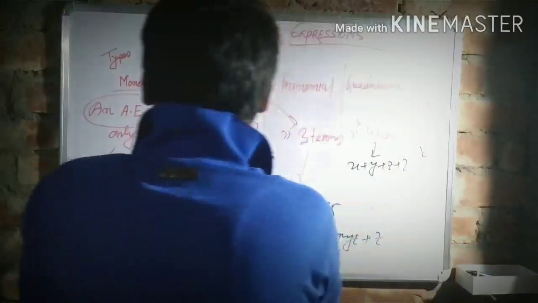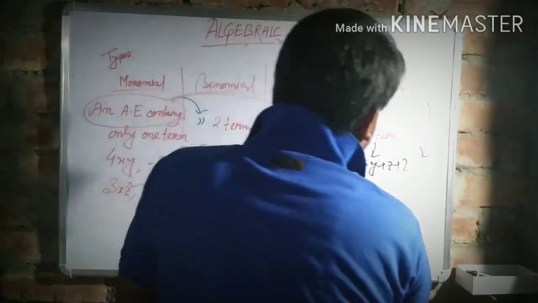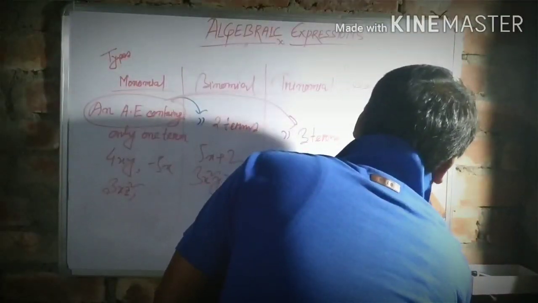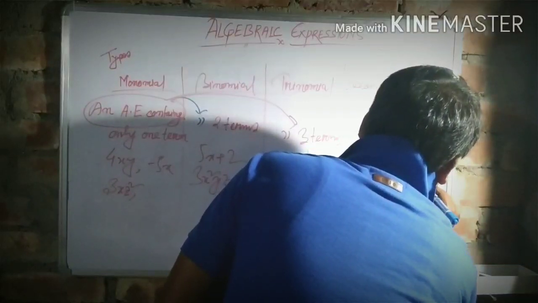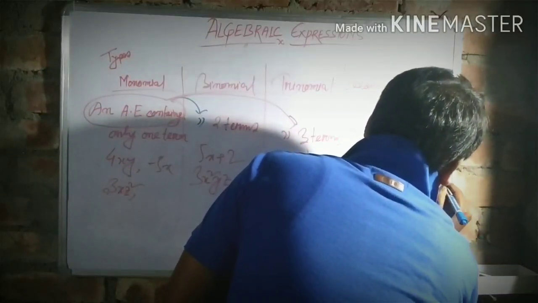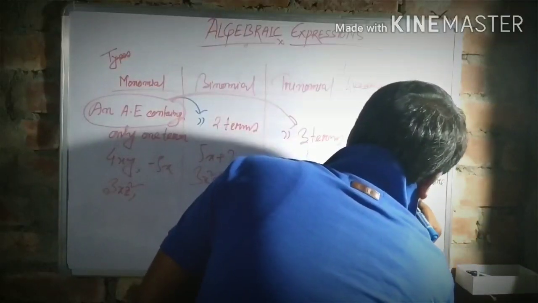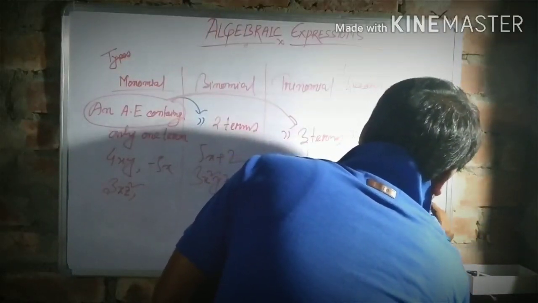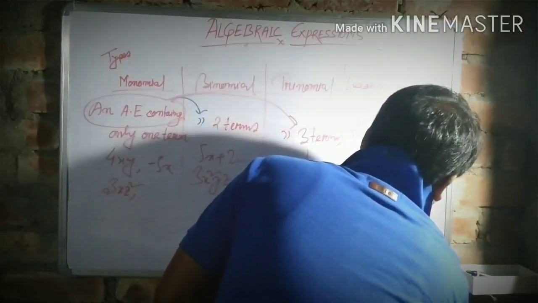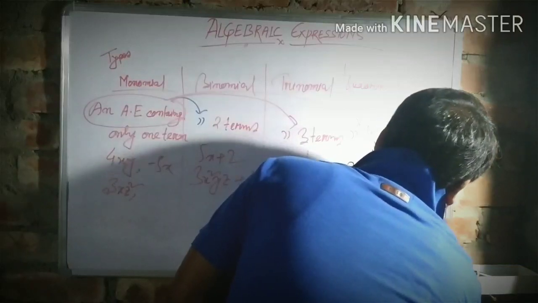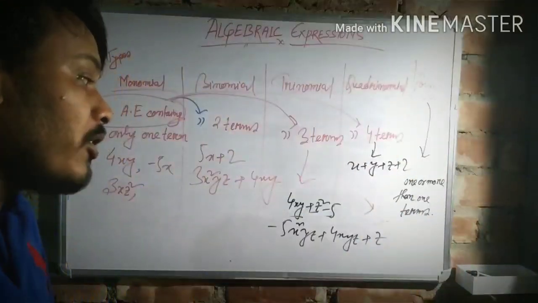Polynomial: an algebraic expression containing one or more than one term is called a polynomial.